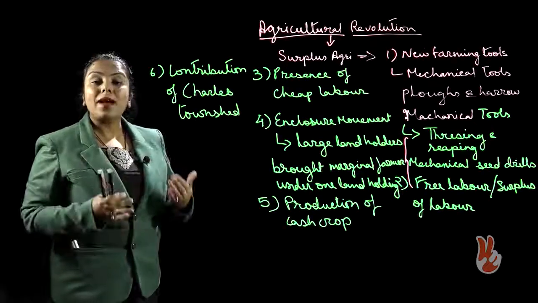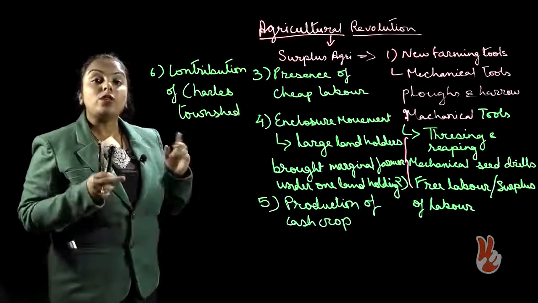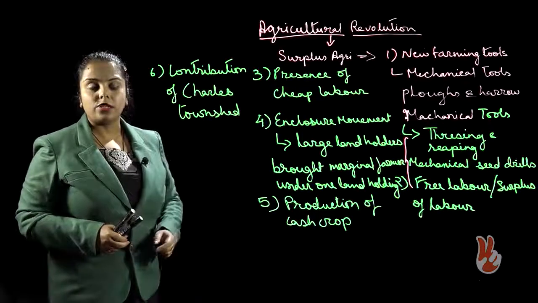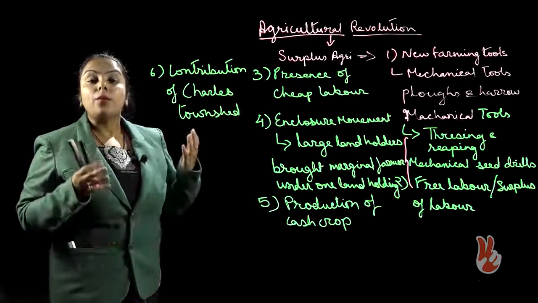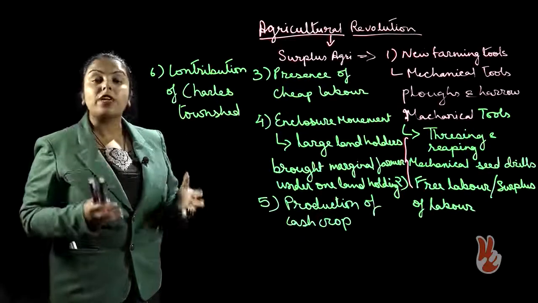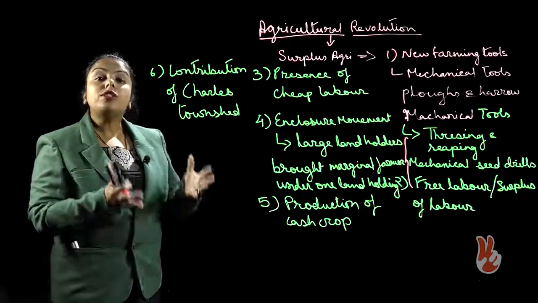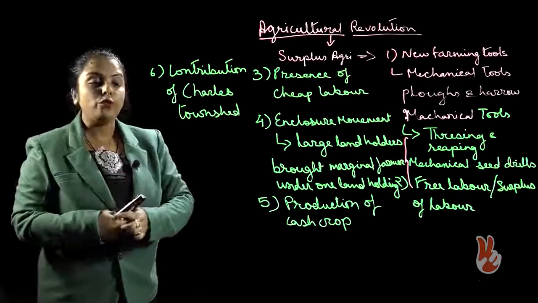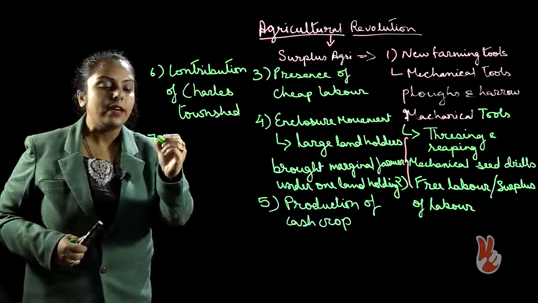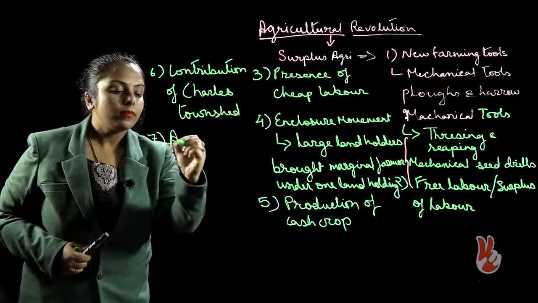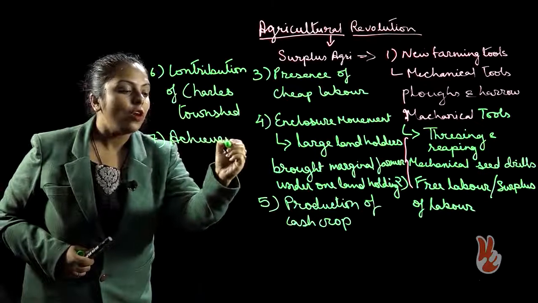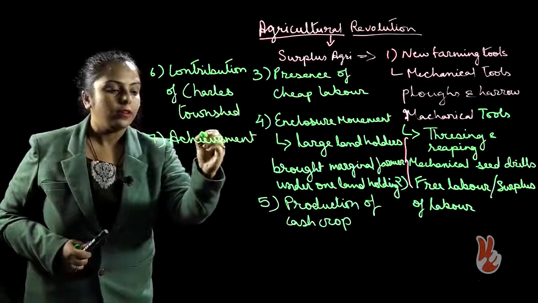He introduced methods like crop rotation, which resulted in surplus in agriculture. Surplus in agriculture provided Europe, or specifically Britain, the food security that it needed. So what did it result in? Achievement of food security.